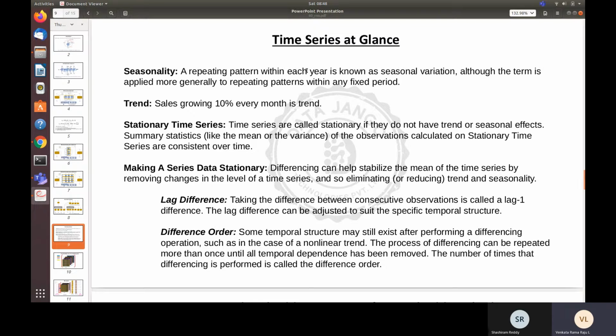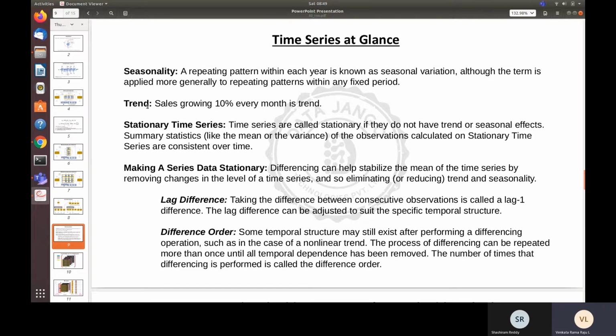A repeated pattern within a year is known as seasonality, seasonal variation. Although the term seasonality means repeating patterns within a fixed period. In a given year, in summer there will be sales for different kinds of clothes, and in winter there will be sales for different kinds of clothes.